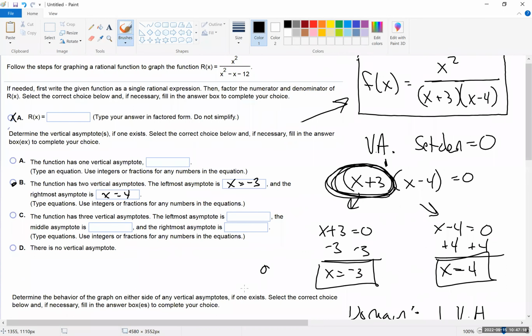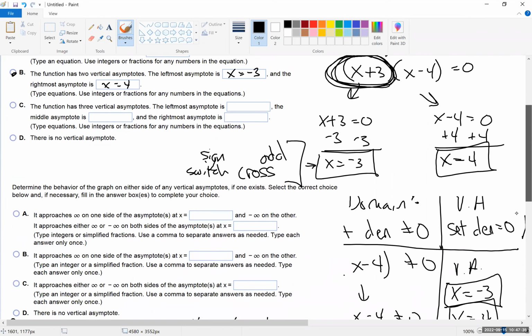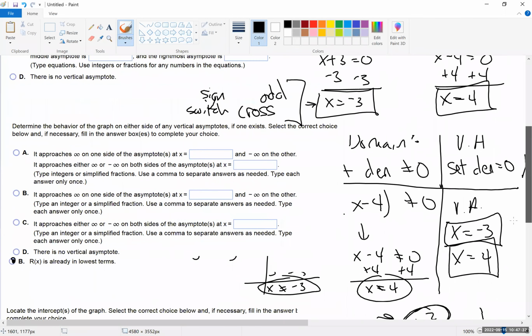It's odd, so it will cross. And by cross, what we mean is it's going to go from negative to positive or positive to negative. And it actually doesn't matter. All we know is that the sign will switch. So both of these are odd, and both of them, the sign will switch. So it approaches infinity on one side and negative infinity on the other. Yep, that's x equals negative 3.